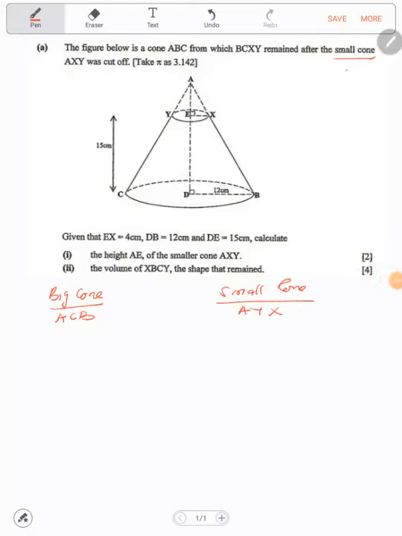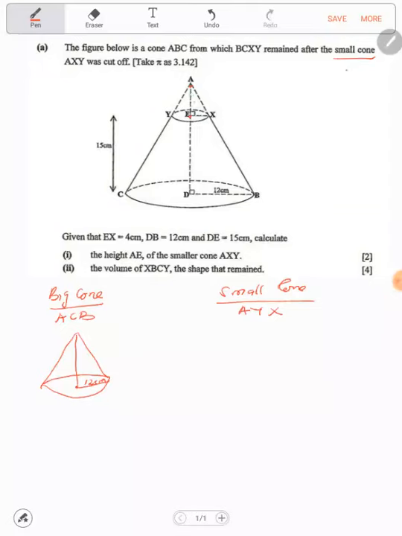Let me just sketch the big cone here. It has a radius of 12 centimeters, and it has a height. From here to here we don't know the height, but this is the height for the full cone, the big cone.